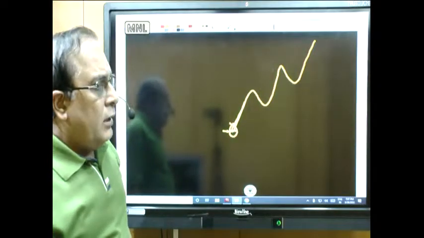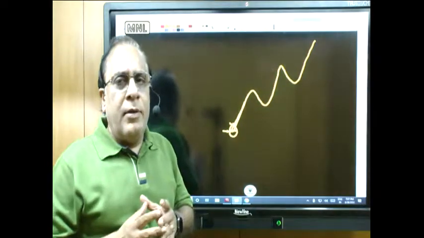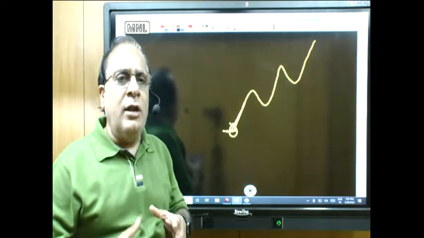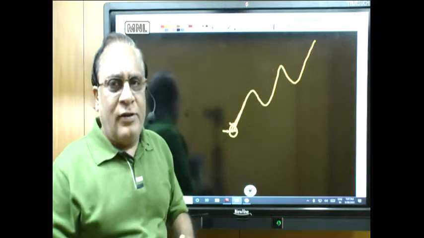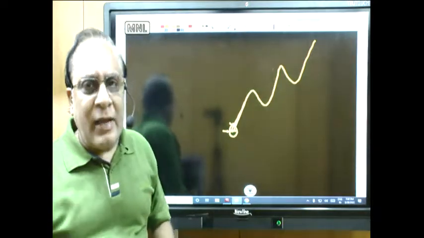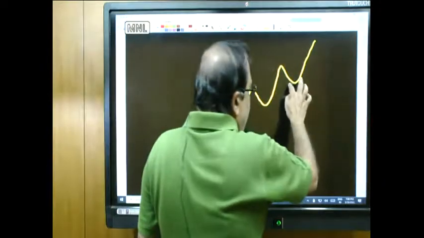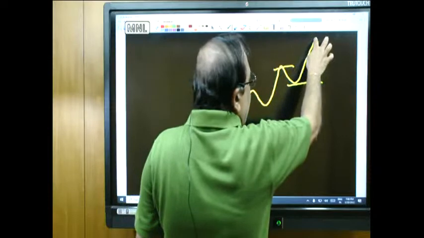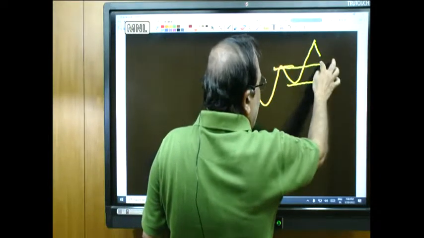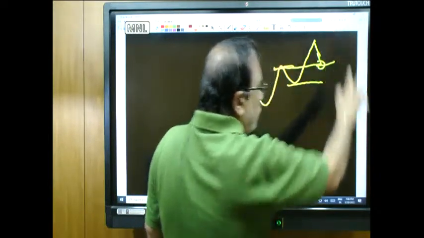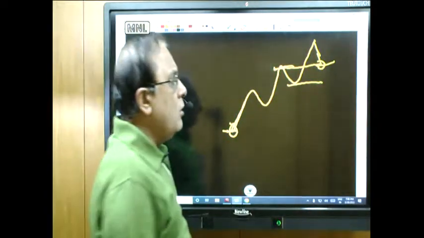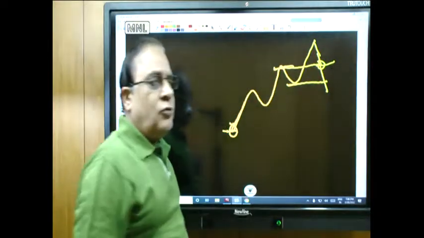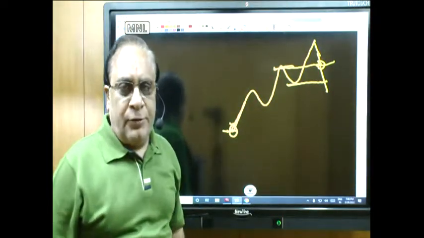Now, in the case of stop losses based on pure price levels, for example a pivot high or low, this is an important low, and this is an important high. You may put in a stop loss if the price starts to drop below this high, or you may elect a stop loss somewhere here, so if it starts falling below this, you get out. So this is purely based on price.